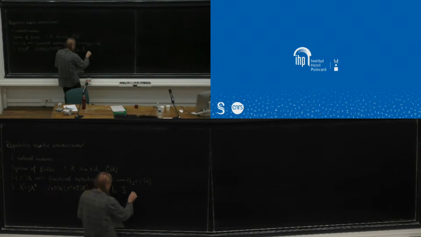Then I have a gluing. I can glue these fields along the common piece of the boundary. So this will be a field on this union. So the picture is obvious.